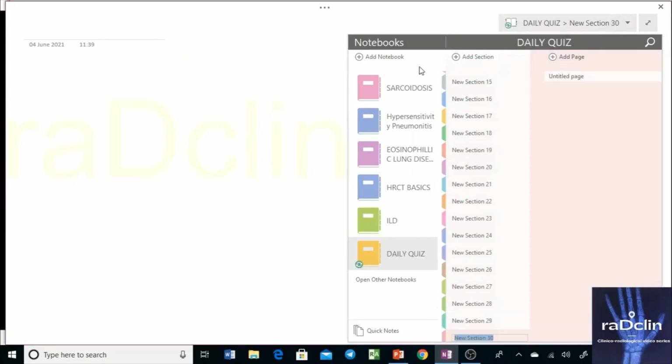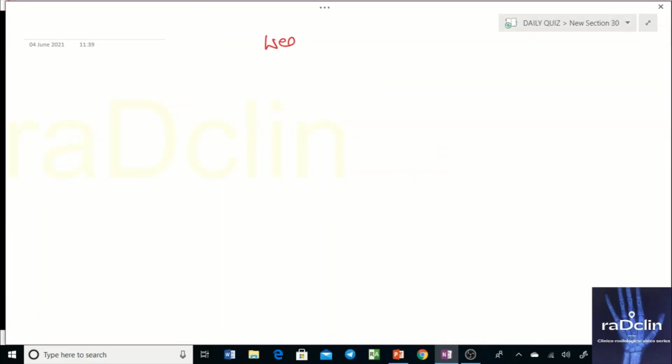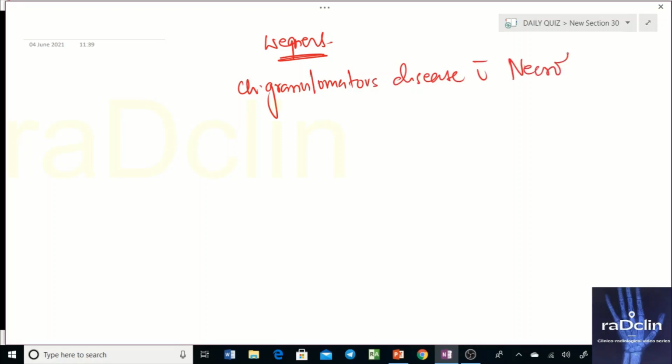What exactly is Wegener's? Wegener's is basically a chronic granulomatous disease with necrotizing vasculitis, and that is why it is characterized under a category known as ANCA positive vasculitis.